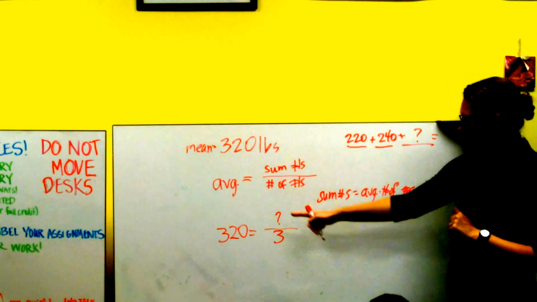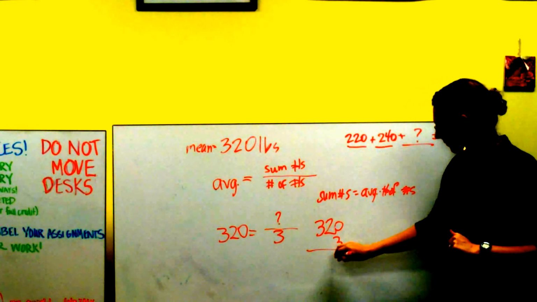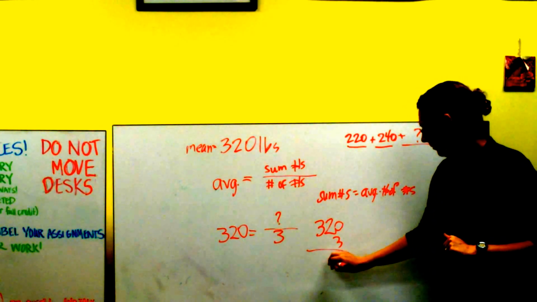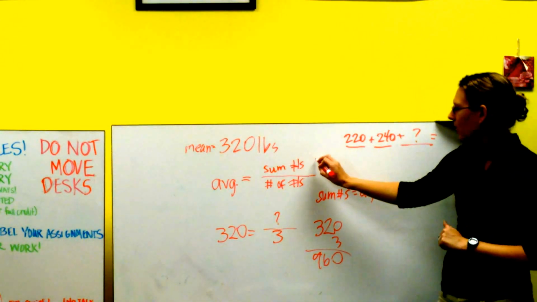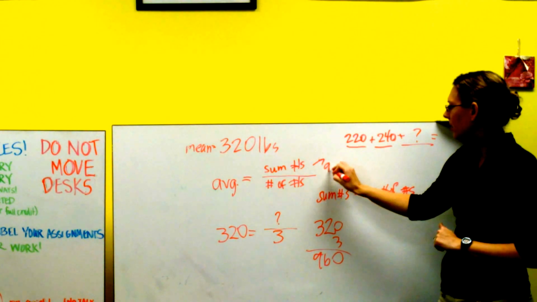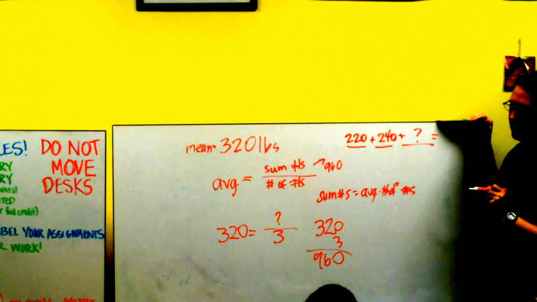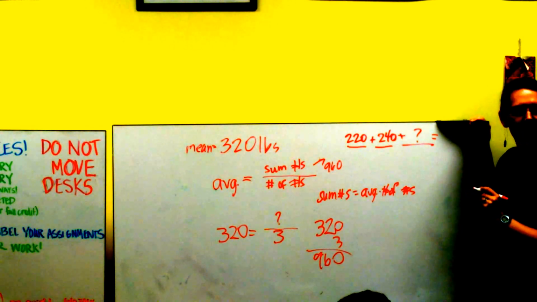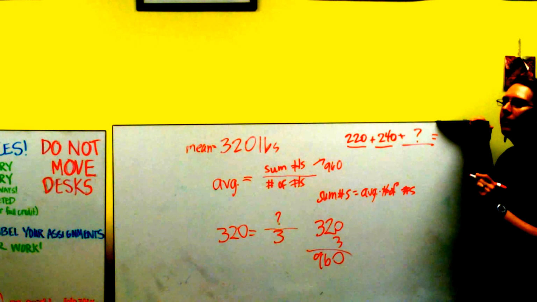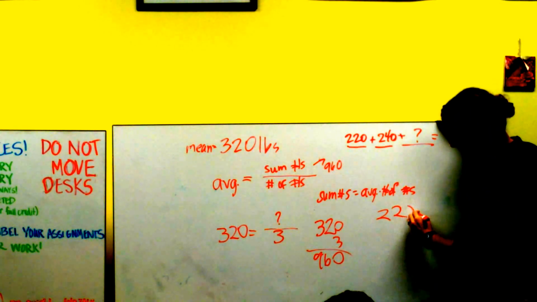Okay? So when I multiply 320 by 3, what do I get? 960. Good. So 960 is my sum of numbers. So where now do I need to plug 960 in to figure out the weight of my third pig? 220 plus 240 plus question mark equals 960.